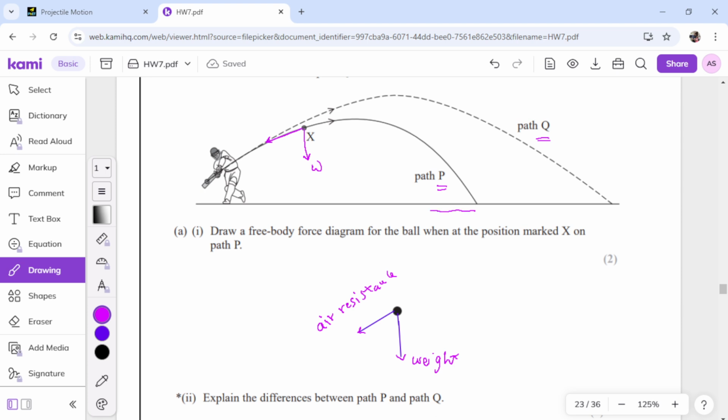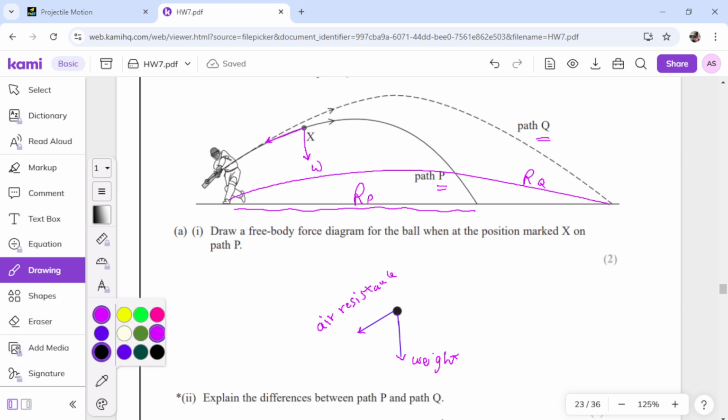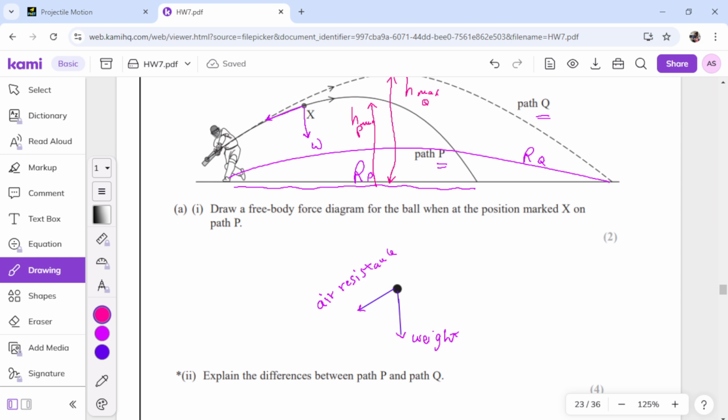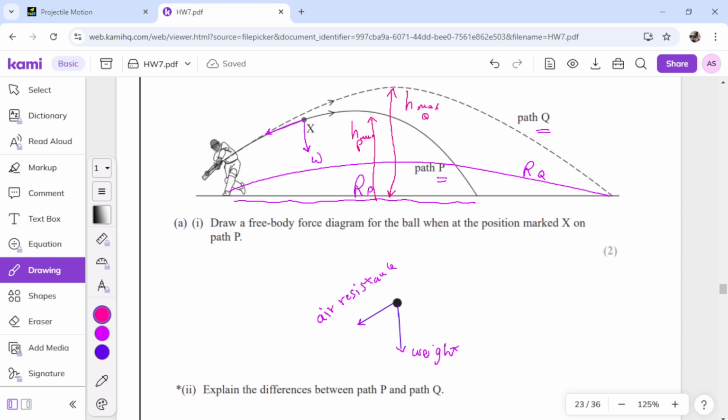Of course, we have a difference in range: the range of B is smaller than the range of Q. And we also have a different maximum height: the maximum height of Q is greater than the maximum height of B. So we have to explain each one in terms of forces, because we have air resistance in path B and we don't have air resistance in path Q.